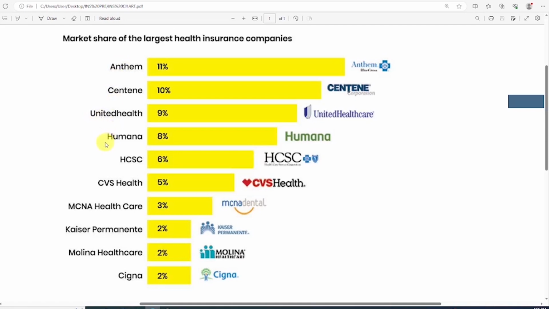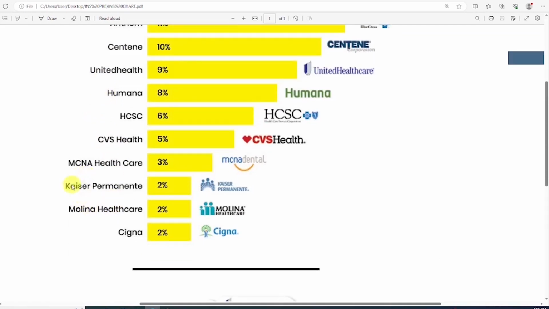United Healthcare, Humana, CVS, Aetna. Kaiser used to be here about 20 years ago or so, but they're no longer here. They're probably more out west. Cigna is a great PPO network. They did some sort of collaboration with Tufts.